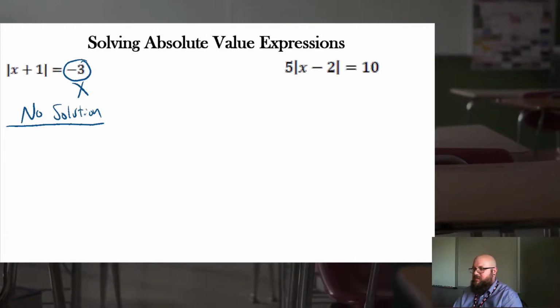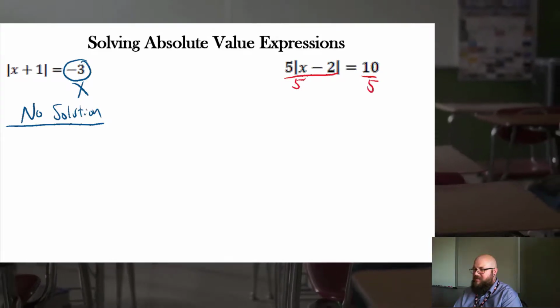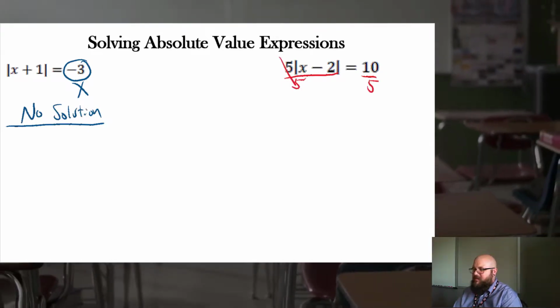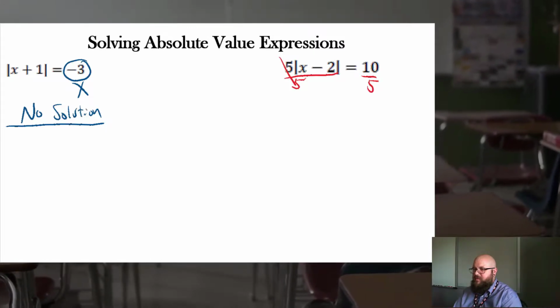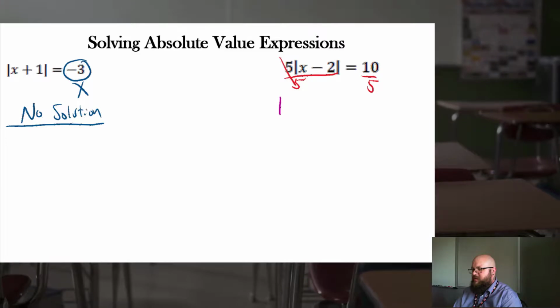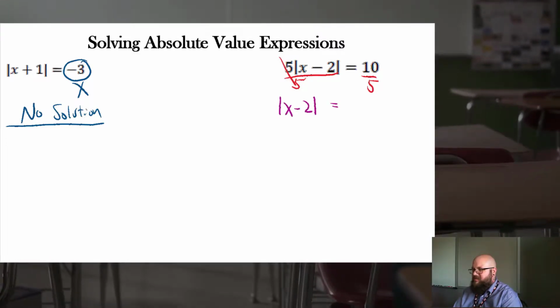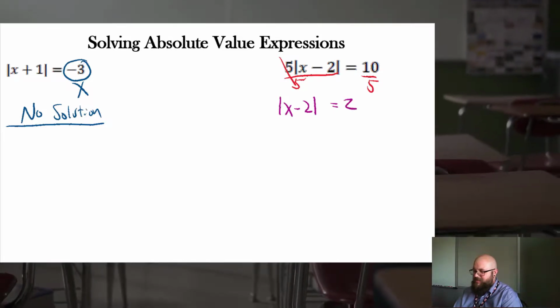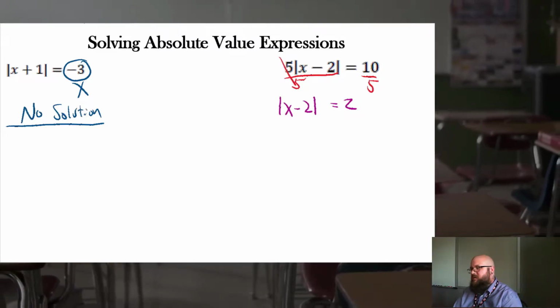Well, first off, let's go ahead and divide. So we're multiplying that, so let's divide by 5 on both sides. 5 goes away over here, and we're left with the absolute value of x minus 2 is equal to 2, or 10 divided by 5 is 2. Now we can set up our equations to work out.